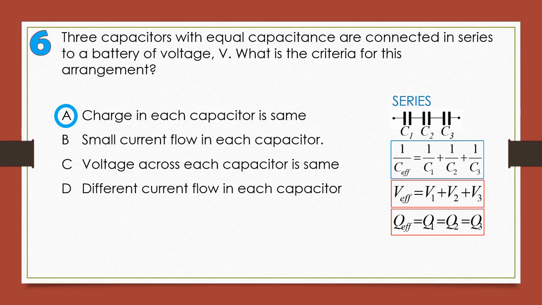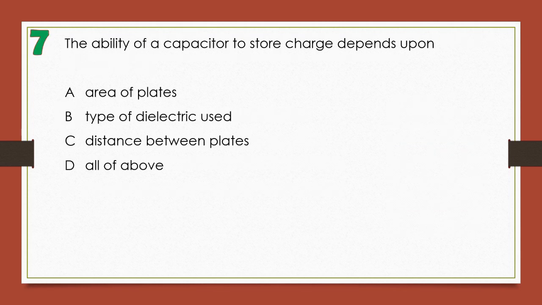For the current flow, for example, choice D, different current flow, different current flow is in the parallel arrangement. Question number 7. The ability of a capacitor to store charge depends upon?